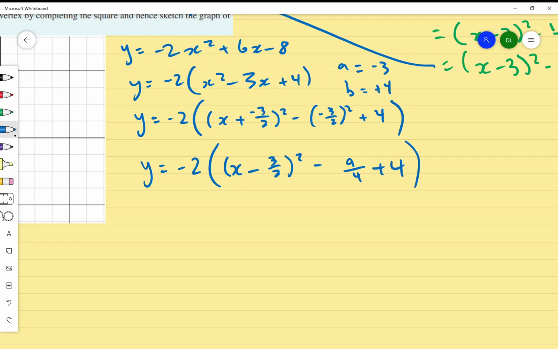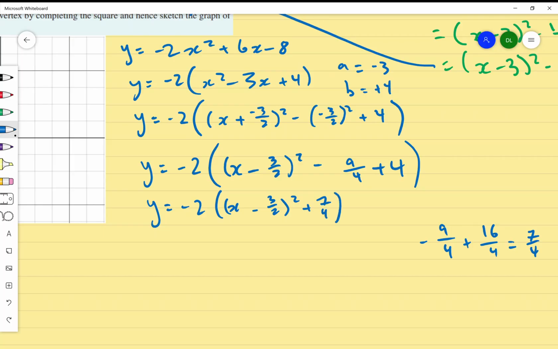Simplify that. So 9 over 4 plus, what's 4 as a fraction over 4? Thank you, 16 over 4. What's that equal to? 7 over 4, yes? Yes, I haven't lost everyone, have I? Thank you. Negative 2 bracket x minus 3 over 2 squared, and then plus 7 over 4.